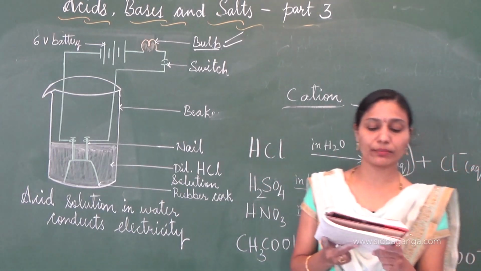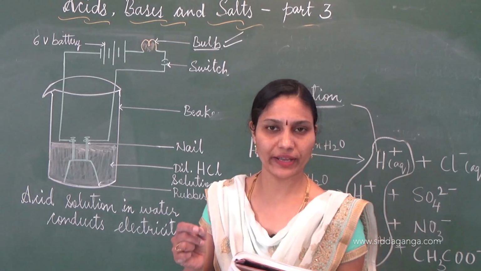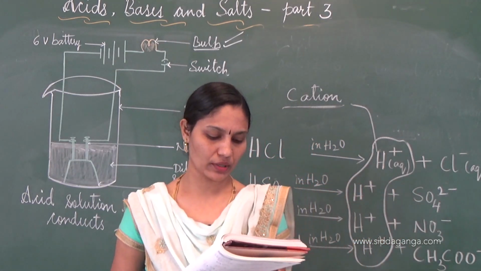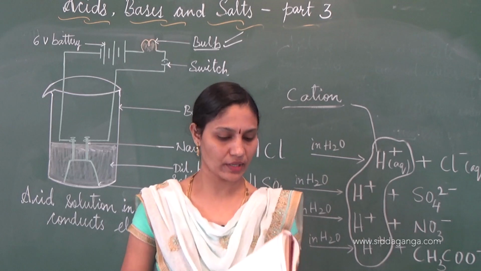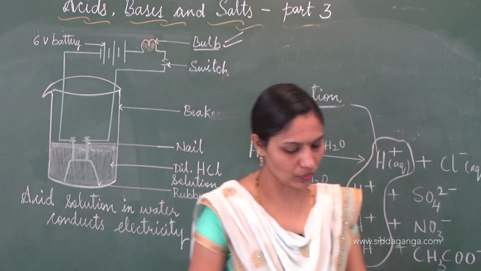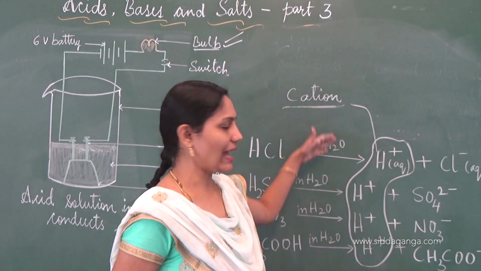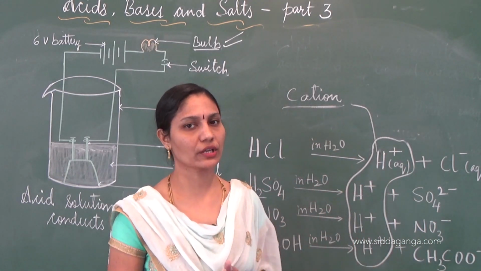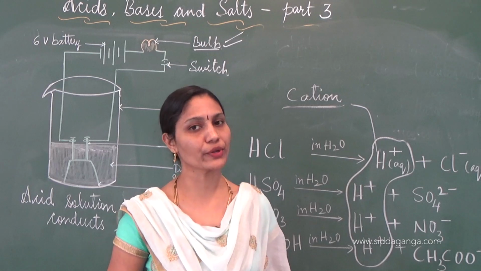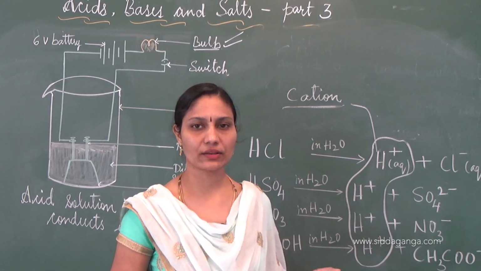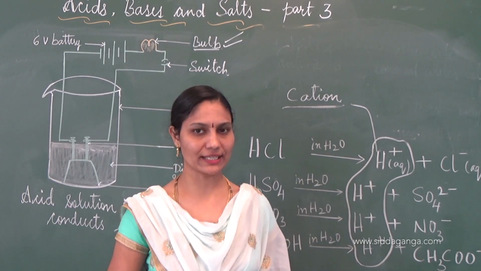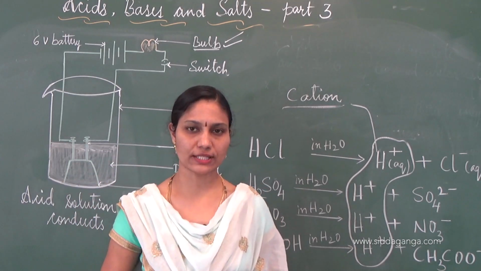So what we can say is the bulb glows in aqueous solution of HCl and H2SO4 as they conduct electricity. We understood that acids in aqueous solution undergo dissociation to produce ions, and with this we understood the conduction of electricity and hence the bulb glows.